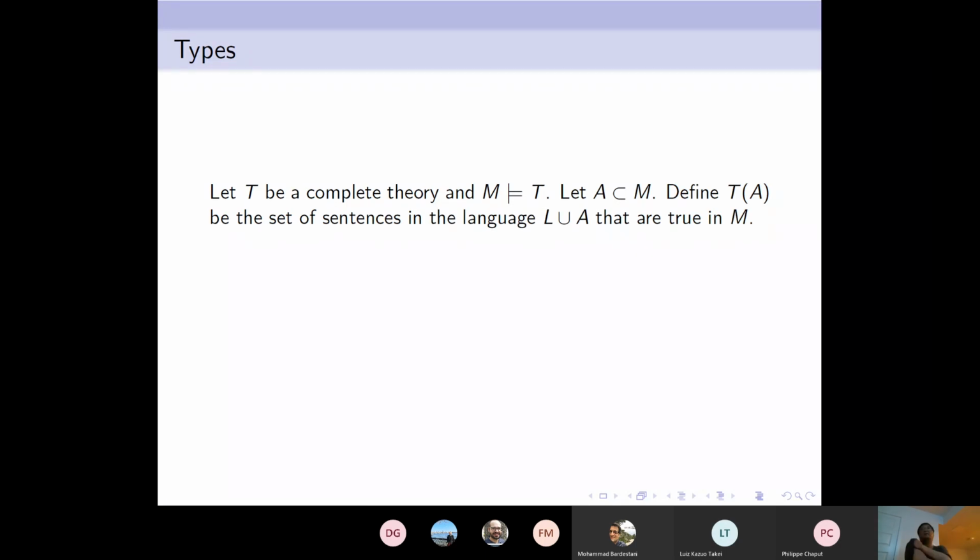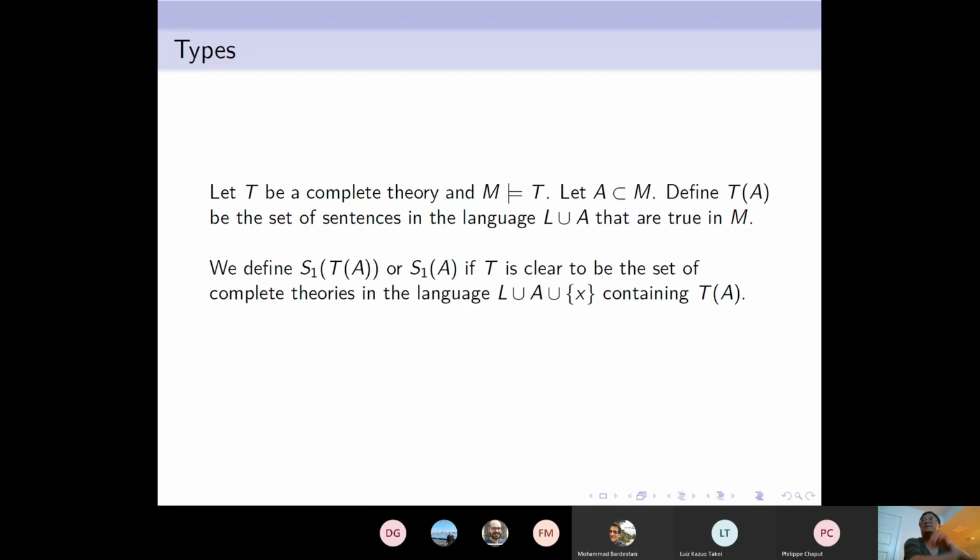Define TA to be the set of sentences in the language L, union the new constant symbols from the subset A, that are true in M. Which means M is a model of the sentences in the language L and A. Now we define S1TA, or symbol S1A if T is clear, to be the set of complete theories in the language L union A union this constant symbol X containing TA.